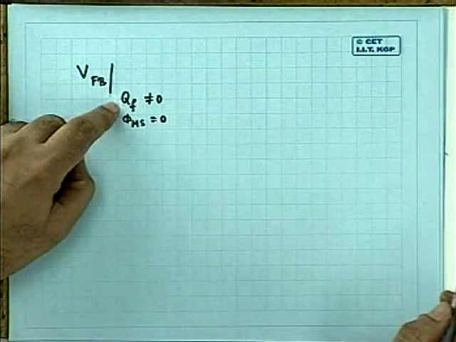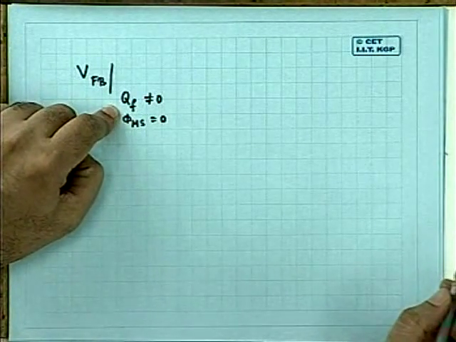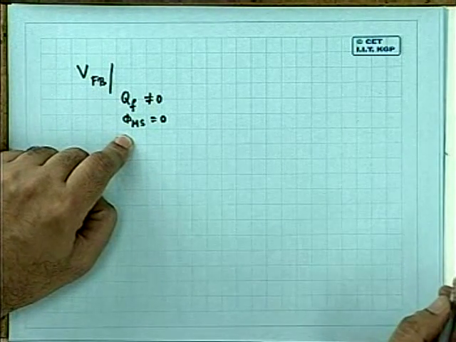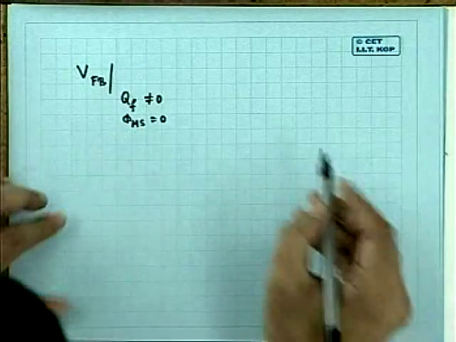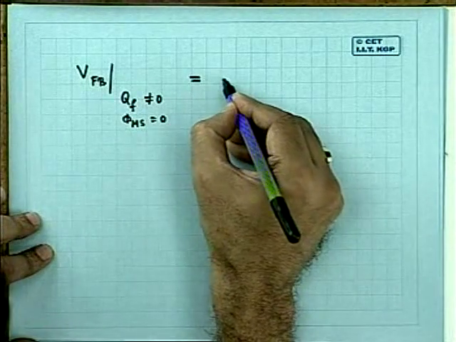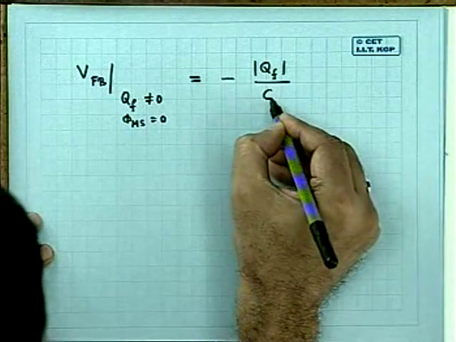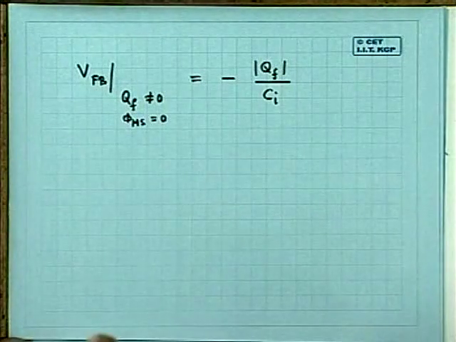Flat band voltage due to the finite QF, under the assumption that the difference of work functions between the metal and semiconductor still remains 0, is simply equal to minus QF. You can easily find it out.